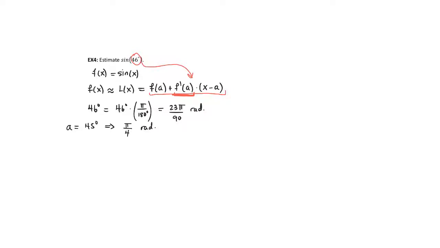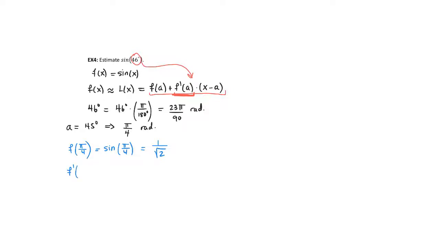Now I know that I need to do a few other separate calculations. I need to know what is f of pi over 4, because a is pi over 4. That means that this is the sine of pi over 4. And hopefully you remember, and if not, you can use right triangles. This is equal to 1 over root 2.